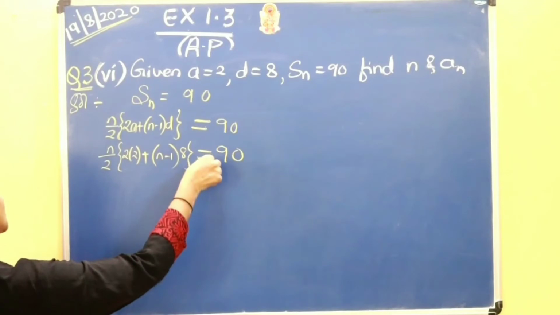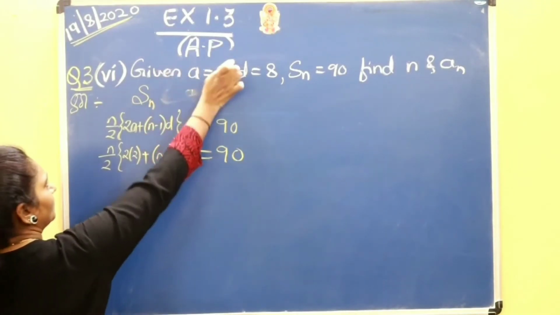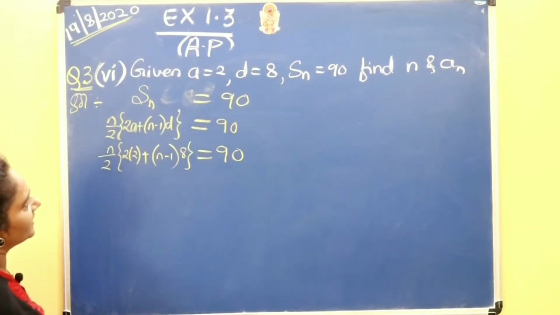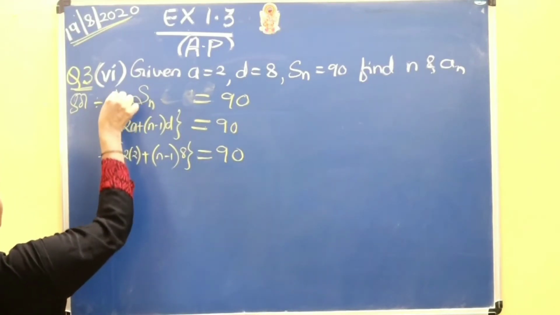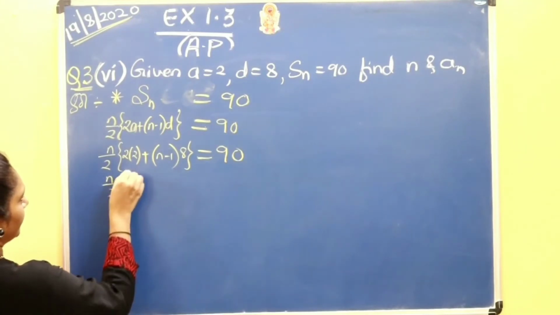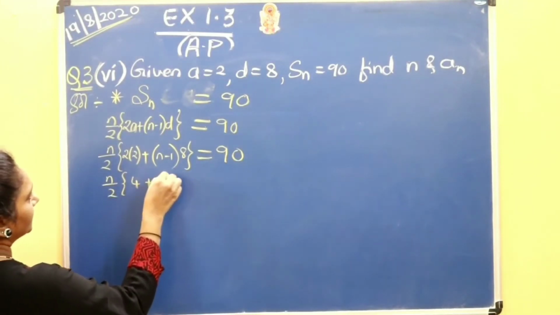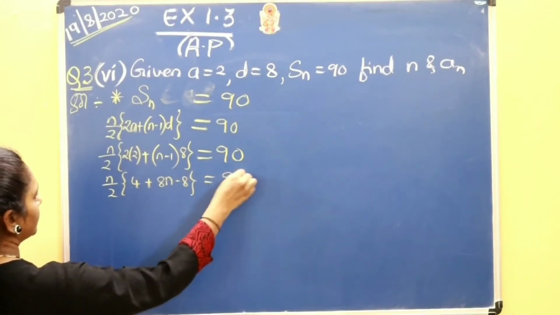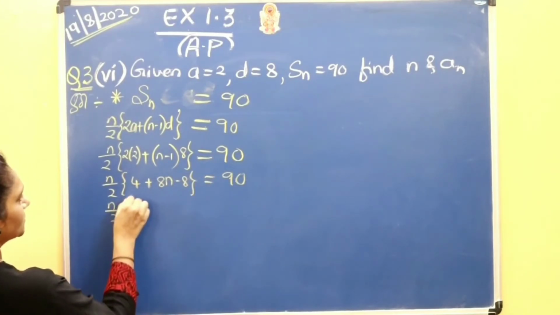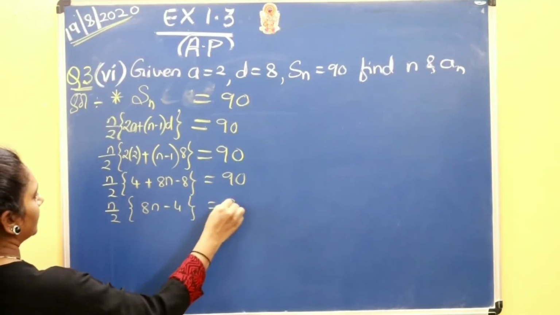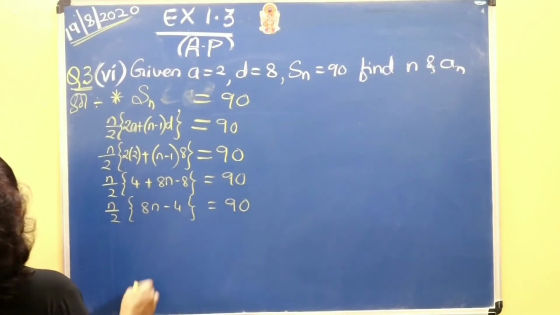As far as possible, put one equal sign below the other. So you will have n by 2, 4 plus 8n minus 8 equal to 90. n by 2, 8n minus 4 is 90.